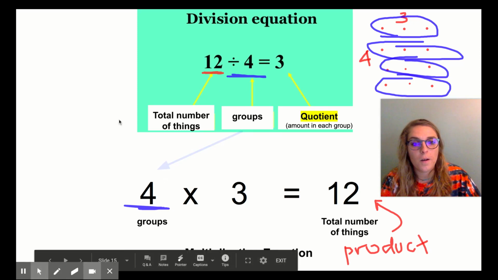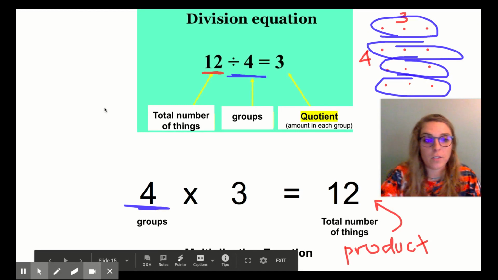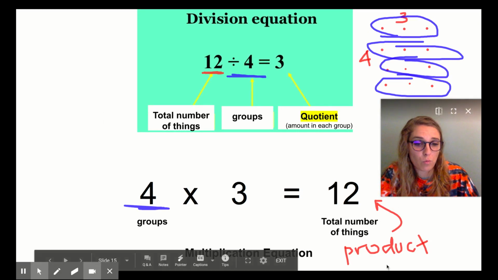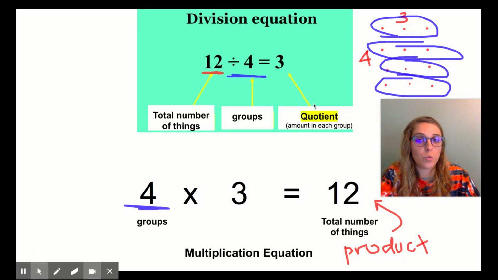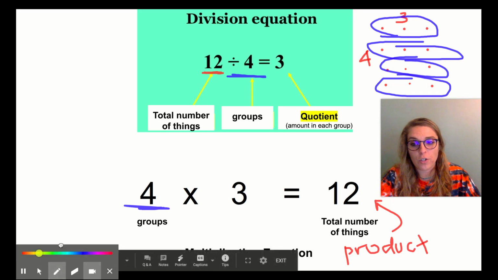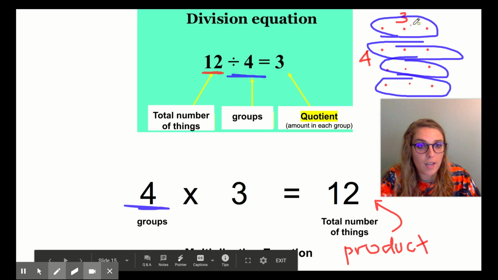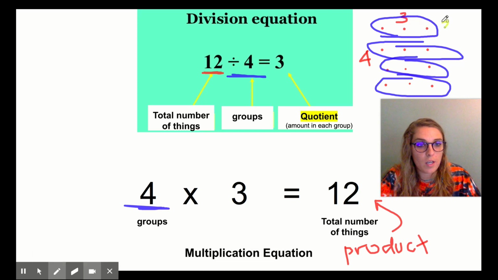What's been tricking some of us up, I think, is this word quotient. Just like product means the answer to a multiplication equation, quotient means the answer to a division equation. What the quotient tells us is the amount in each group. So the quotient refers to the 3 dots in each of these groups. It refers to what you would skip count by. I know you can't really see that because it's kind of bright green. It refers to how many are in each group. There are 3 cupcakes in each group.